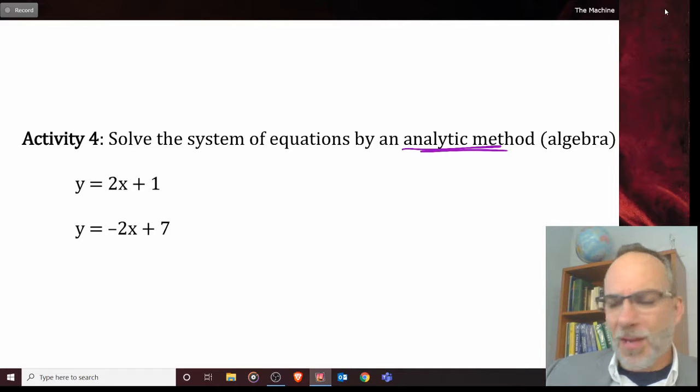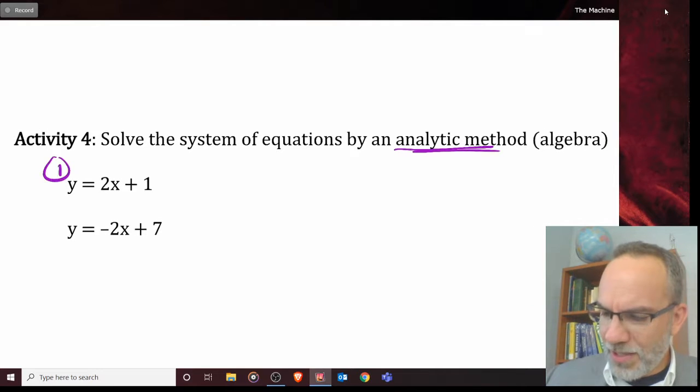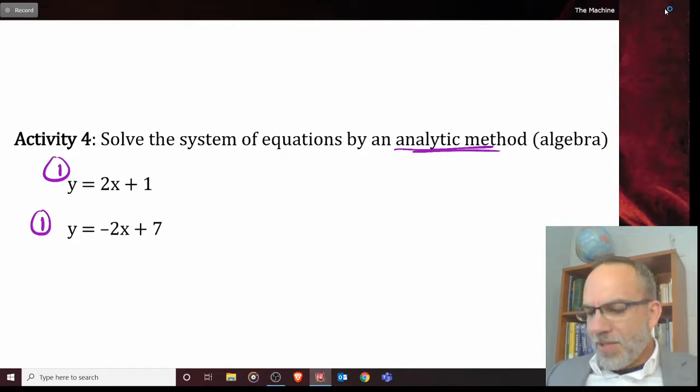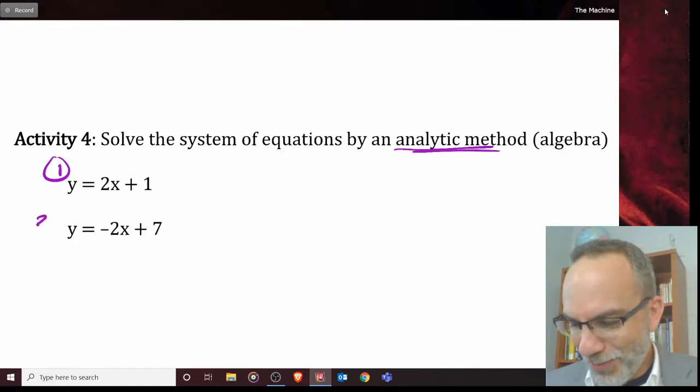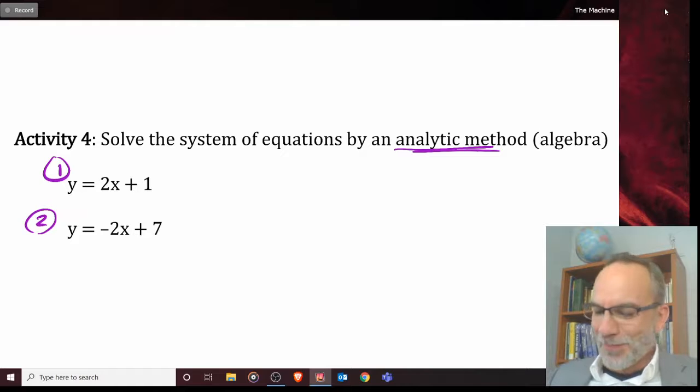So what have I got? I've got one equation here: y is equal to 2x plus 1, and then y is also equal to negative 2x plus 7. Whoops, I called that equation number 1. It's a different one. It's equation number 2. There we go. But aren't the x and y values the same? Wouldn't it be the same x value that solves both of them and the same y value that solves both of them? Yes, it would be.